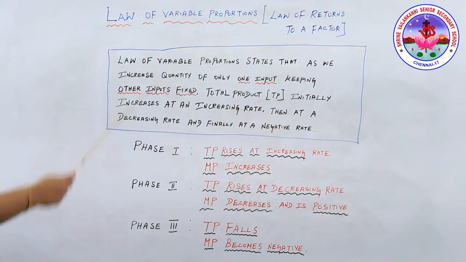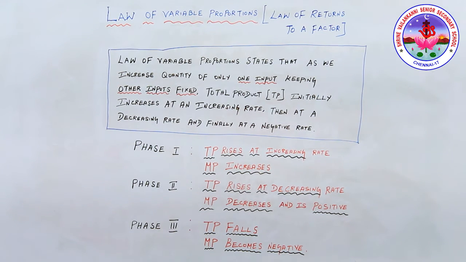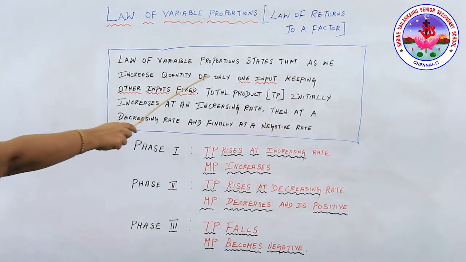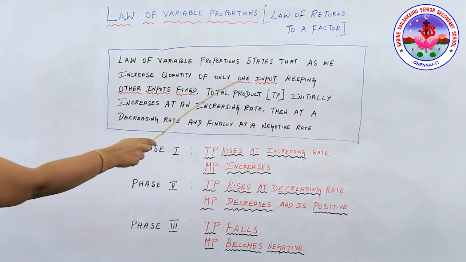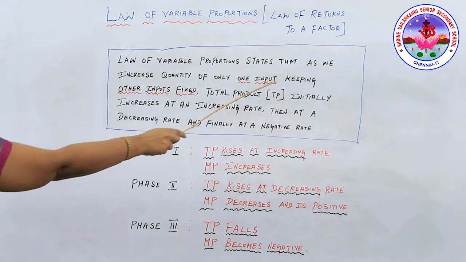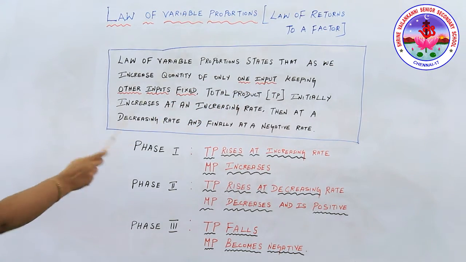Yes, now let's start with the law of variable proportion, that is the law of returns to a factor. Now let's start with the statement of the law of variable proportion. Law of variable proportion states that as we increase the quantity of only one input, keeping the other input fixed.